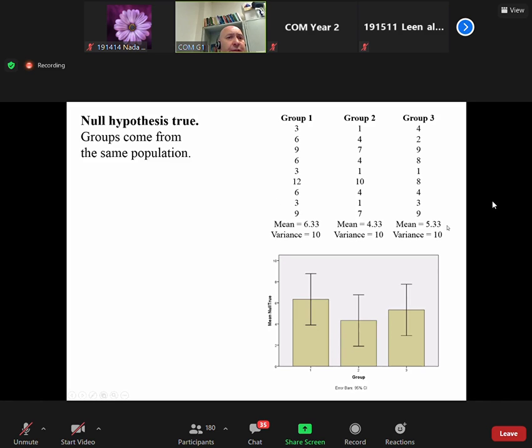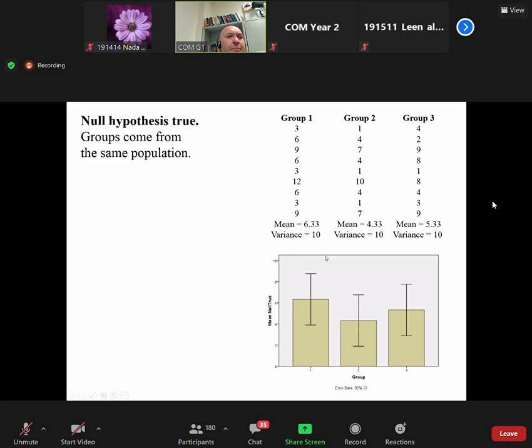So these differences in the means are just due to sampling variability. Since the null hypothesis is true, these means do not represent true differences. You can see the plot here with the 95% confidence intervals.